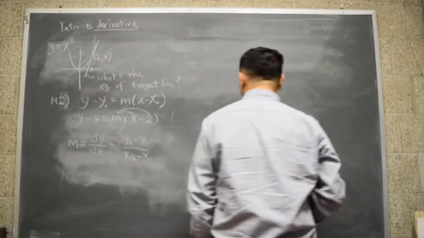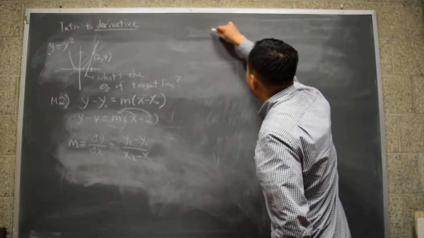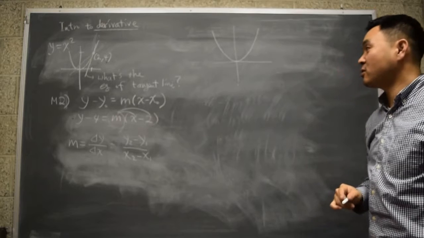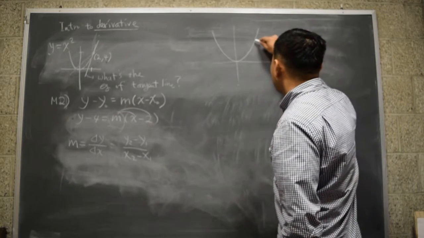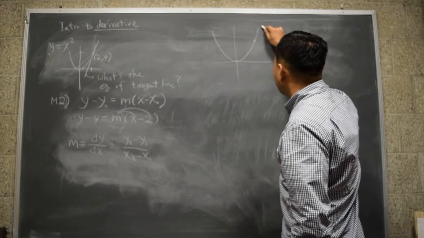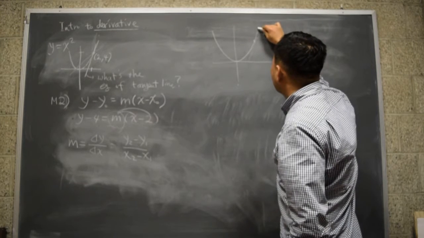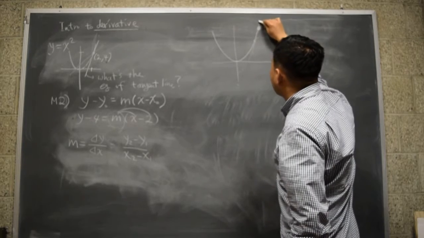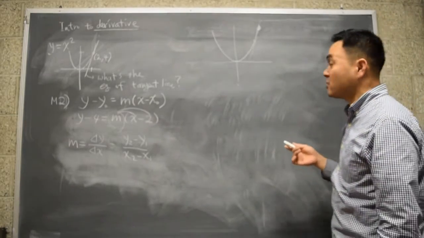However, there's an idea of approximating this slope by picking a nearby point. So instead of just 2, 4, why not choose another point right here, which connects these two? Right? So that's a secant line. It's not a tangent line.